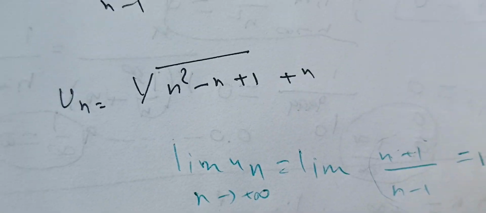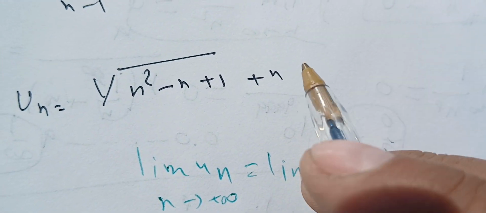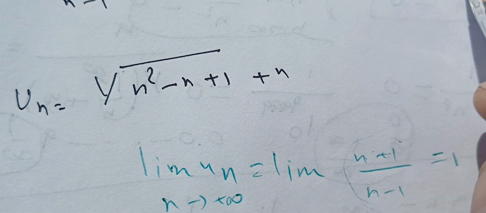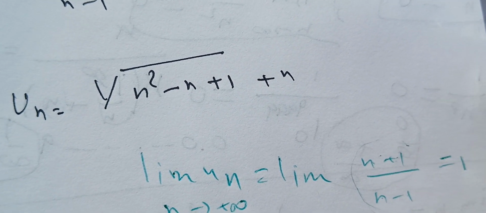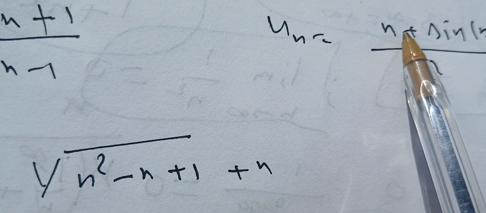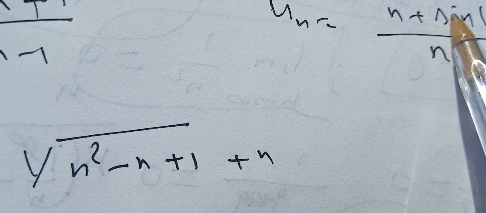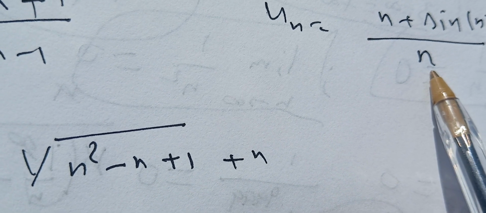For this one here, what's the limit? The sine of n is always between 1 and minus 1. So think of this as adding or subtracting at most 1 to n and dividing by n.